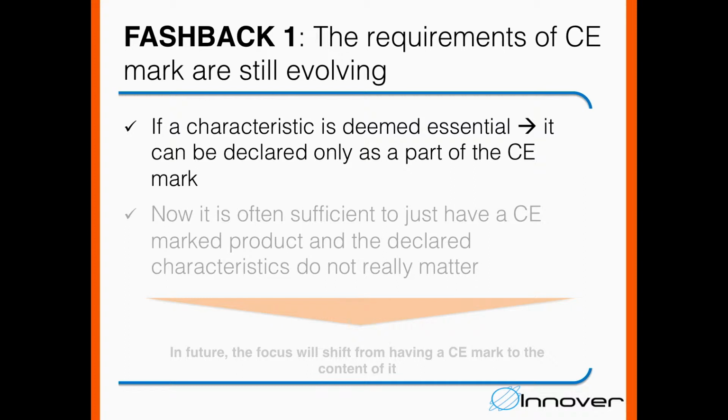The first thing is that if a characteristic is deemed to be essential, in other words, it's listed in Annex ZA of the harmonized standard, it can only be declared as part of the CE marking, or you are not allowed to declare it at all.